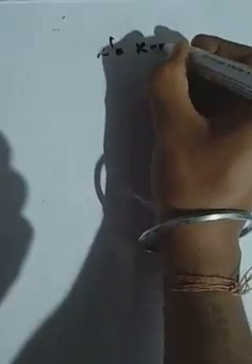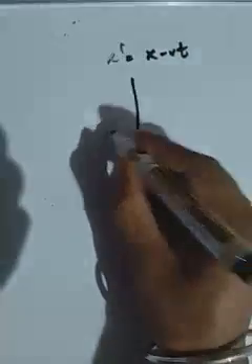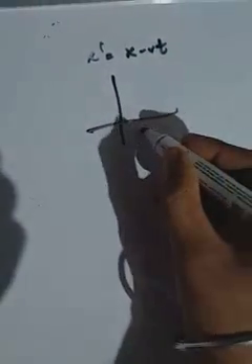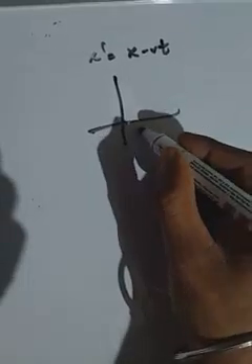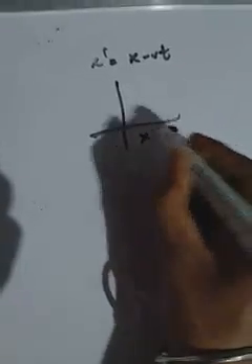The Galilean transformation, as you know, is given by x dash equals x minus vt, is it not? Let this be the x-axis and let this be the time axis.